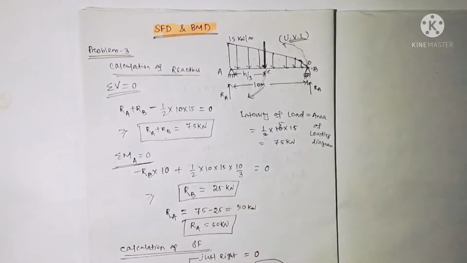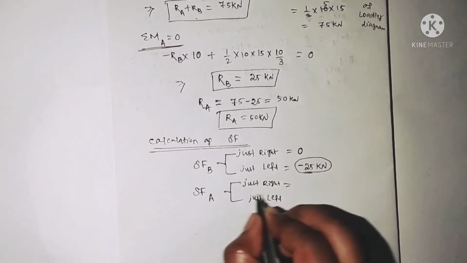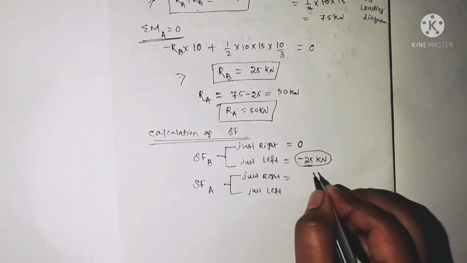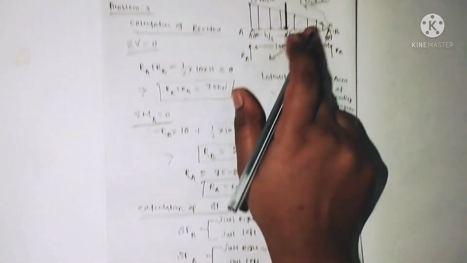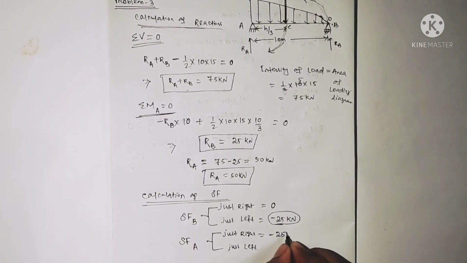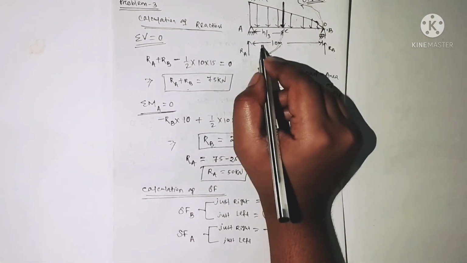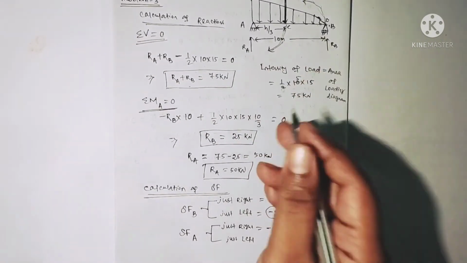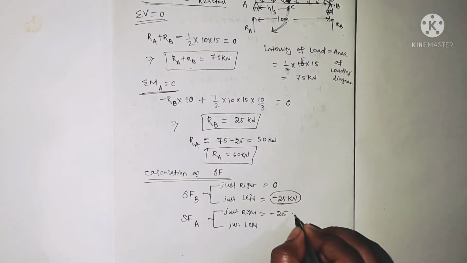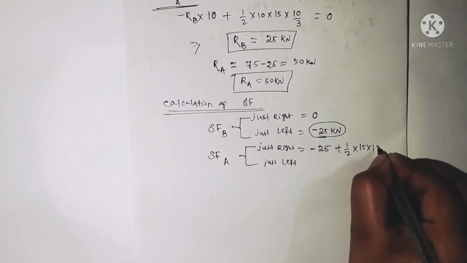Shear force at A equal to reaction Rb, which gives anti-clockwise moment, so it will be negative, that is minus 25. Now 15 kilonewton per meter gives positive moment, so we take it positive, that is plus half into 15 into 10.